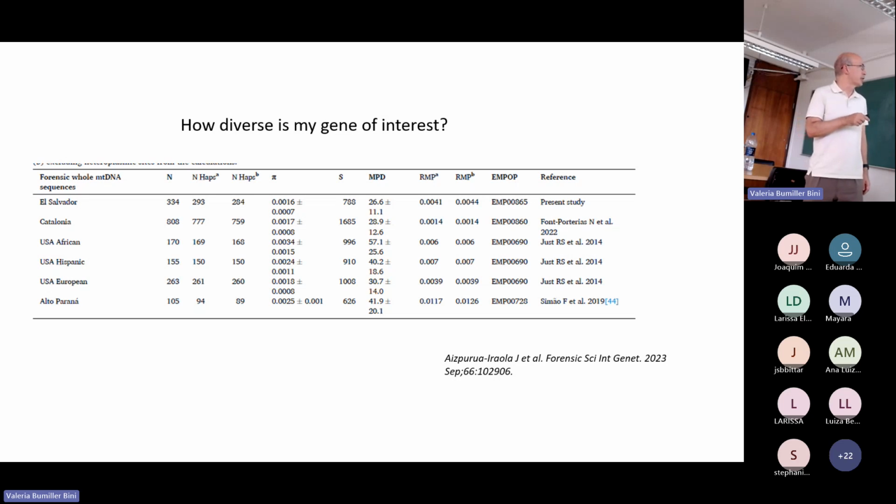This is nucleotide diversity, and we will see nucleotide diversity in a minute. And we will see that it's exactly the same thing as MPD, which is the mean pairwise difference. And we have S, which is the number of segregating sites, number of polymorphisms, which again is strongly dependent on sample size, unlike pi or MPD.